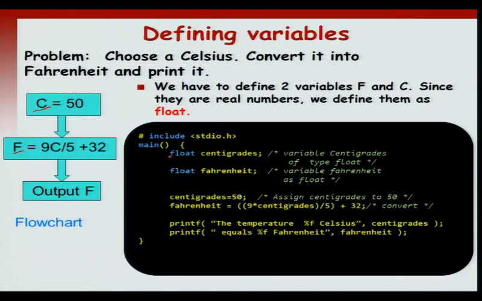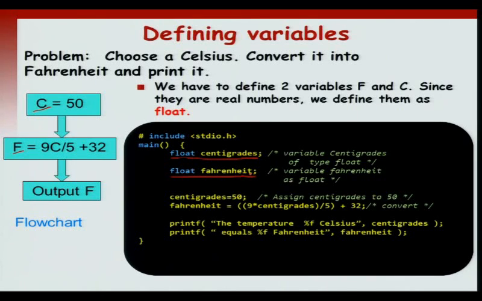One is the variable declaration float centigrades, and the second is another variable, float Fahrenheit. Centigrades corresponds to C in the flowchart and Fahrenheit corresponds to F in the flowchart. So, I write the following code which is supposed to implement the flowchart on the left.